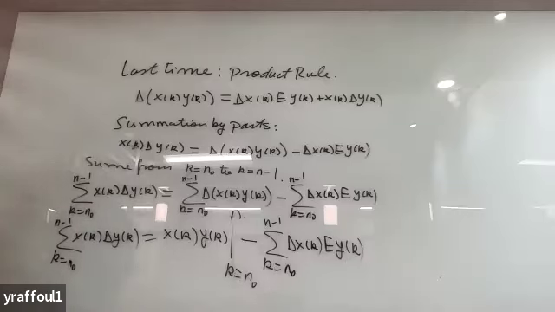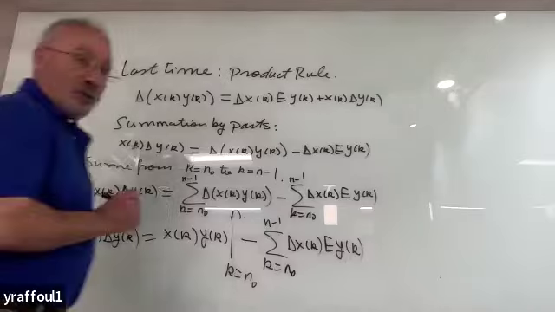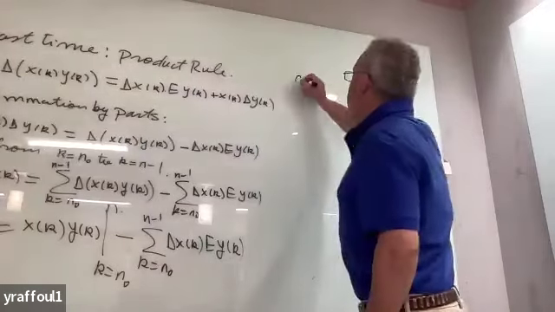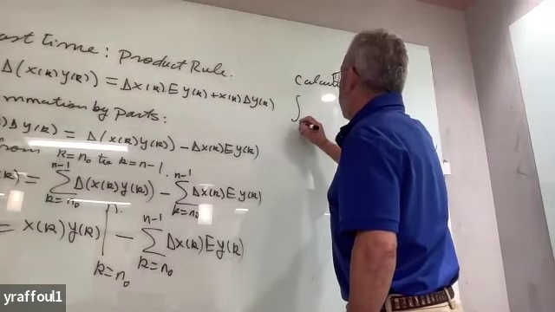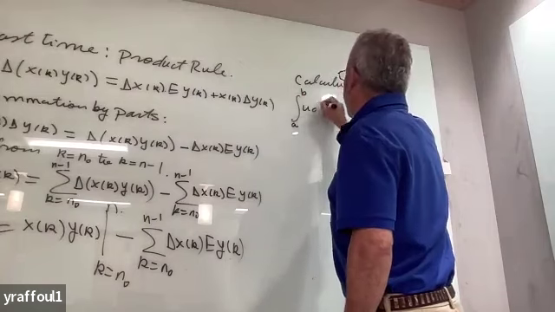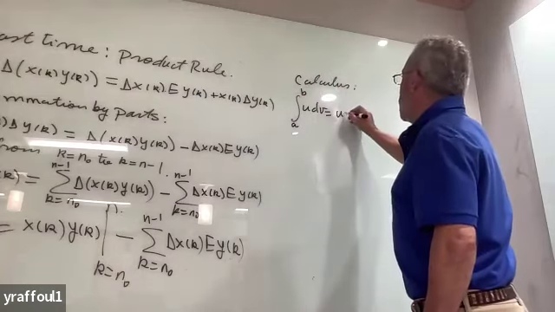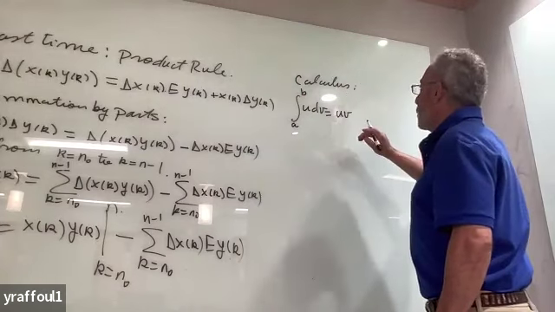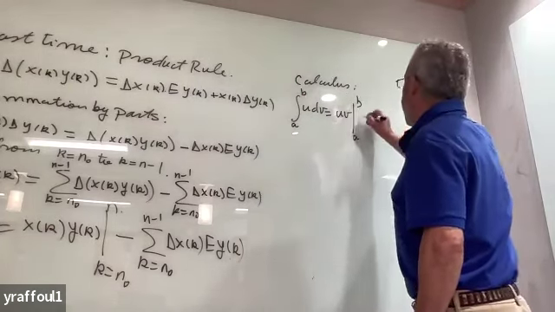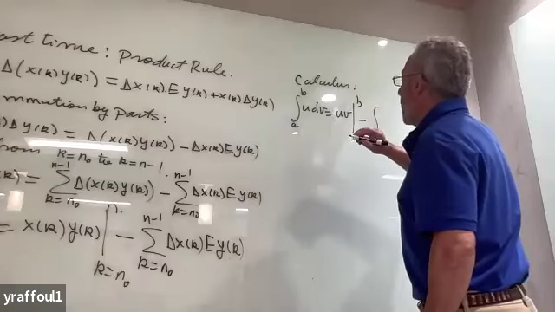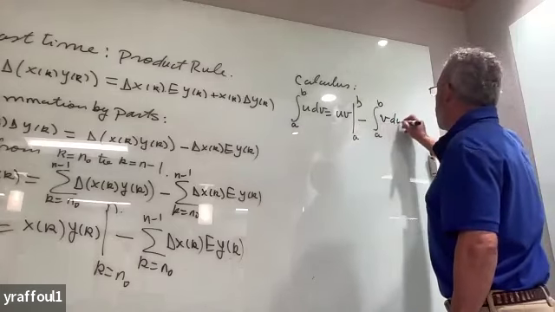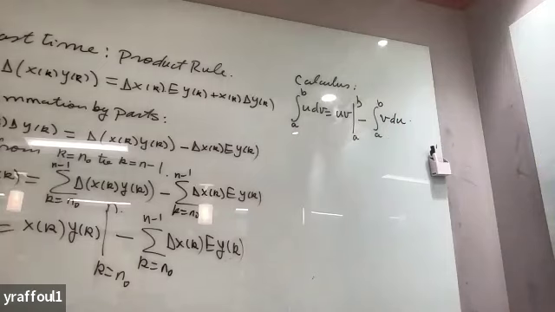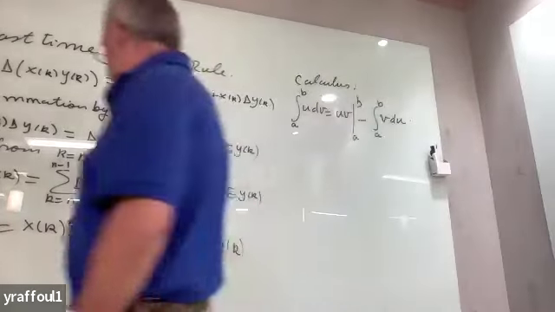So this is summation by parts. And if you look at the calculus, remember it says the integral from A to B of U dV equals UV between A and B minus the integral from A to B of V dU. Remember that? So look at it here.